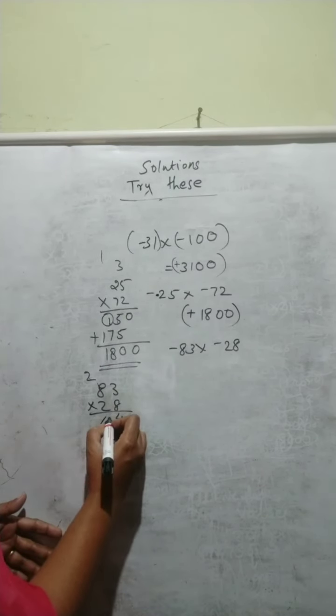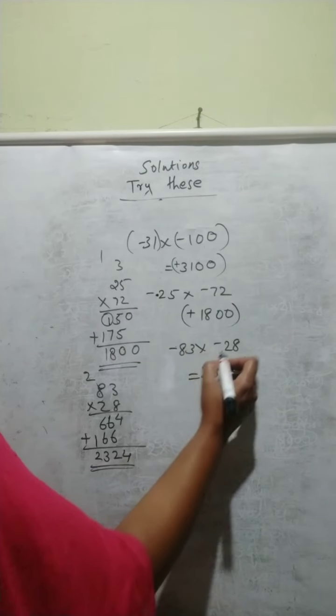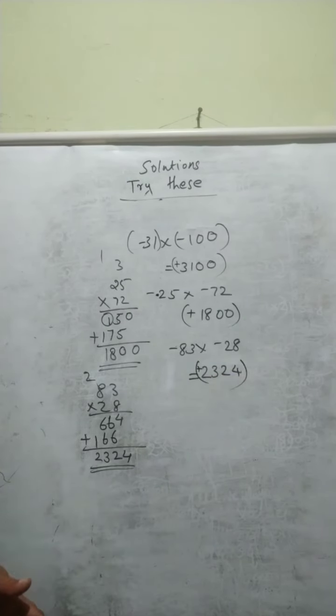Add it. 4, 12, 13. Then 2, 2, 3, 2, 4. Negative and negative, positive will be there. Is it clear, children? So, when we are multiplying two negative integers, we will get a positive integer as the answer.